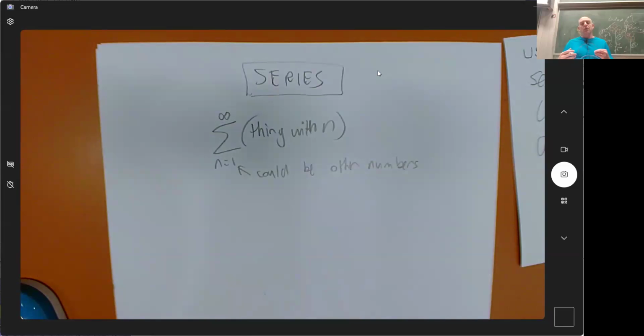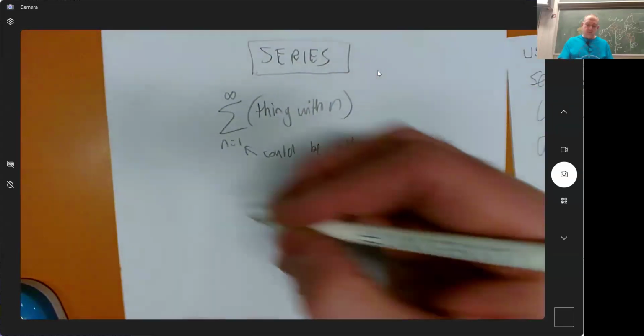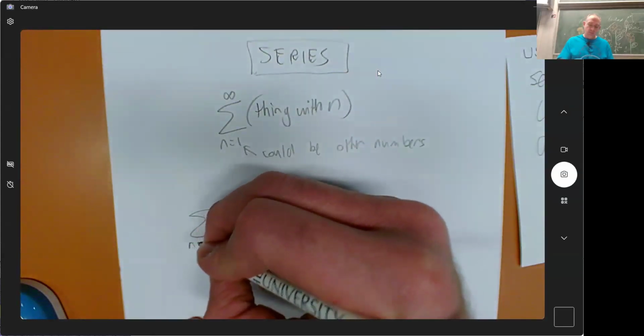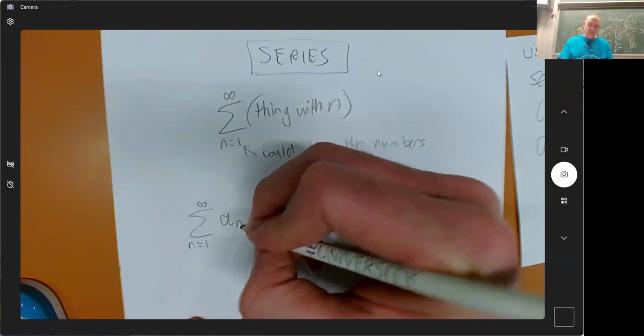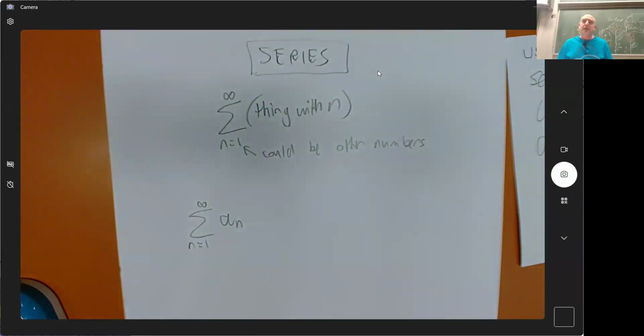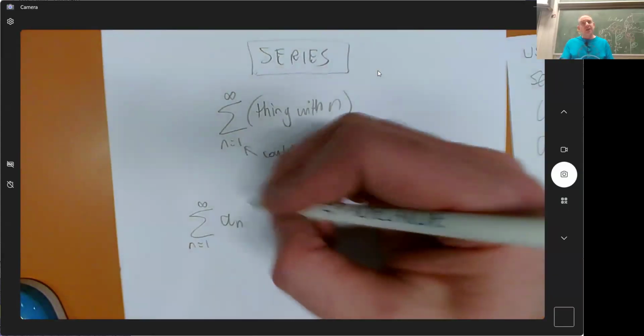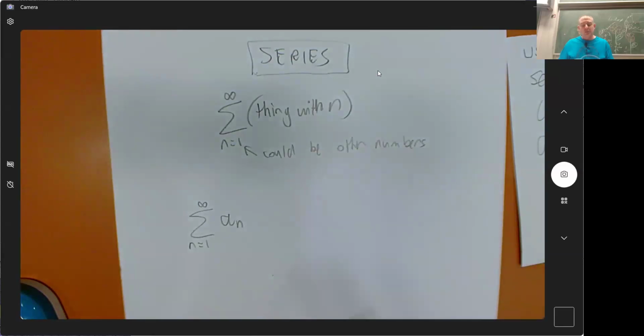So there's a definition of what that means. I'm just going to traditionally call it an. It's technically a function of n, so you could write f of n, that would work as well, but it's traditionally called an.